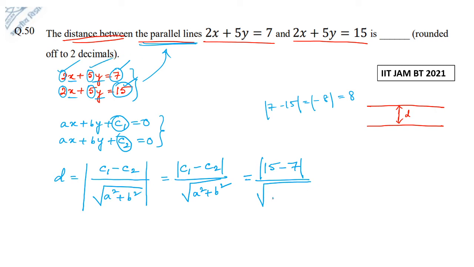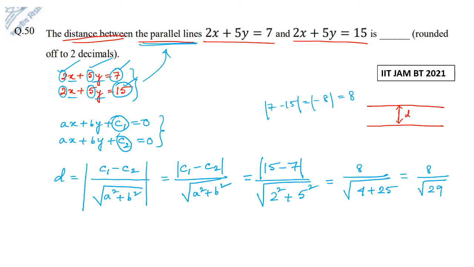So 2 square plus 5 square: we can write it as 8 divided by root over 4 plus 25, that is 29. So root over 29.